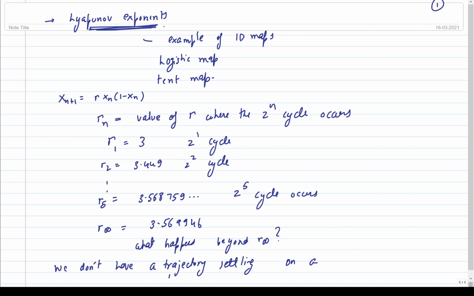There's no stable periodic attractor. But what is a guarantee that we can call the system chaotic? So the question can be, does this aperiodicity imply chaos?